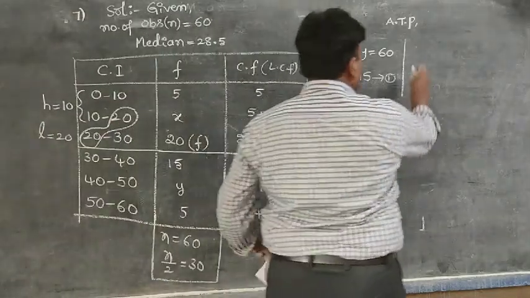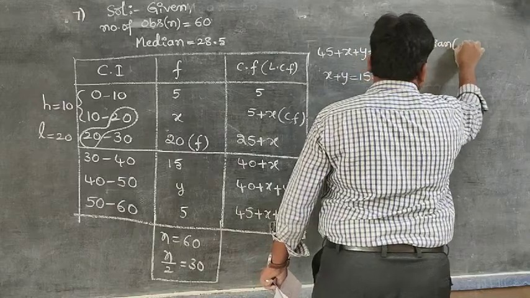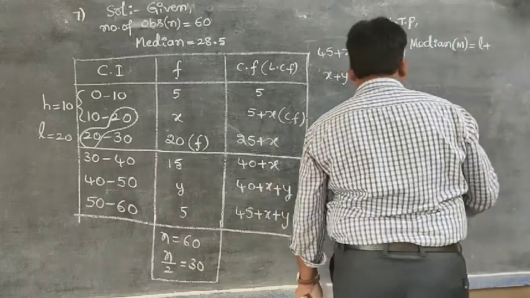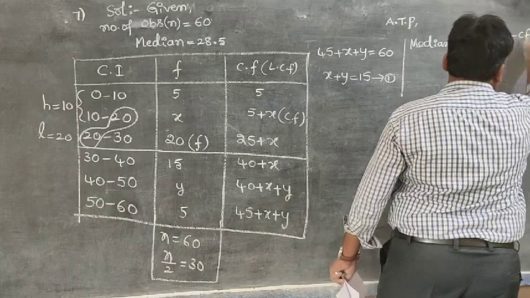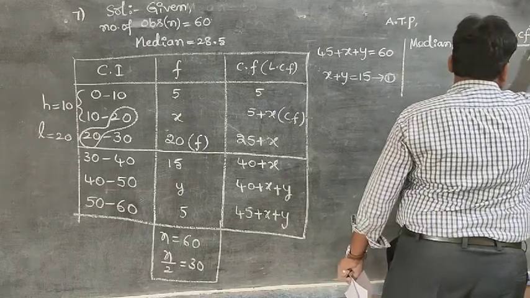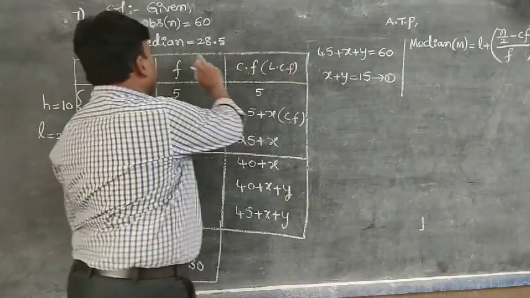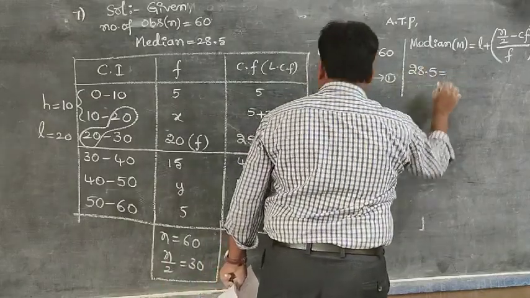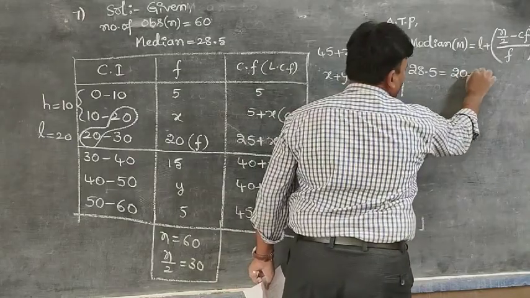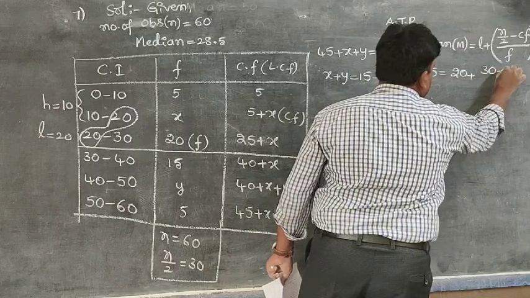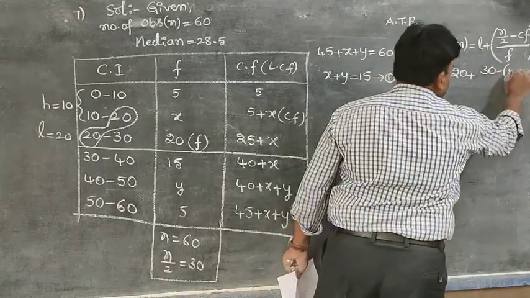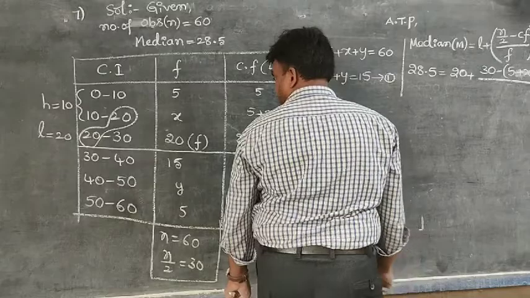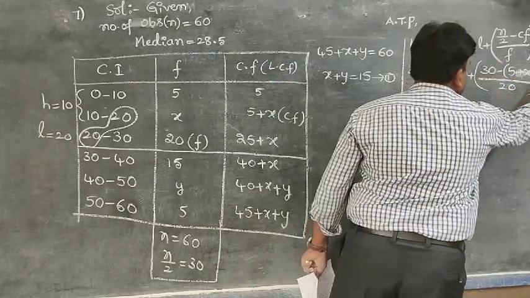Use the formula: median M equal to L plus of n by 2 minus cumulative frequency by frequency of the median class into H. So 28.5 equal to 20 plus of n by 2, that is 30, minus cumulative frequency 5 plus X, by frequency 20, into 10.